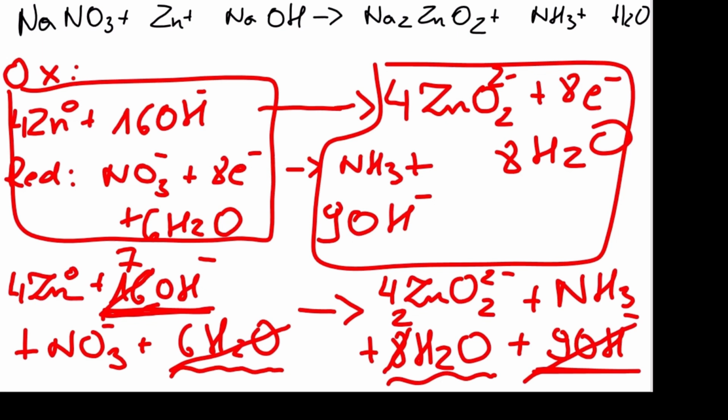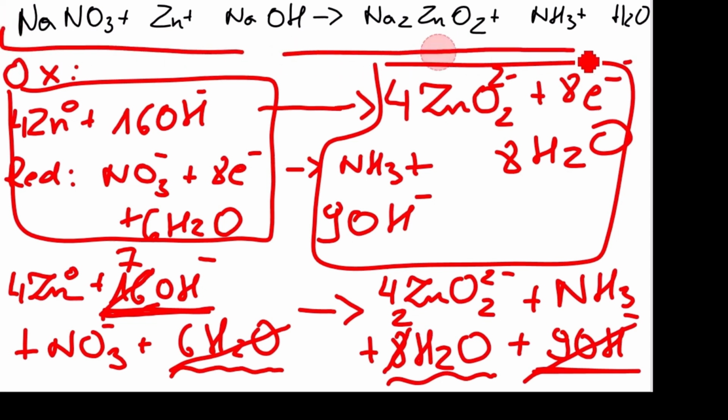And we can fill the coefficients of the redox reaction, which is presented on the top of the page. We have 4 zinc metallic atoms. So we put the number 4 in the front of zinc. We have 7 hydroxide anions on the side of the substrate. 7 hydroxide anions tell us that we have 7 particles of sodium hydroxide.